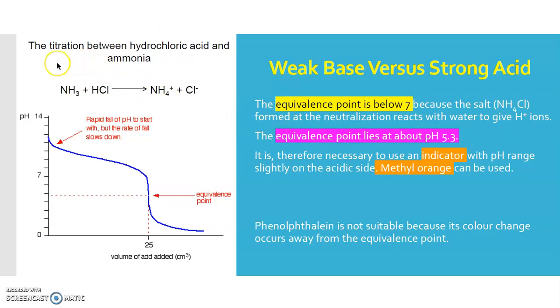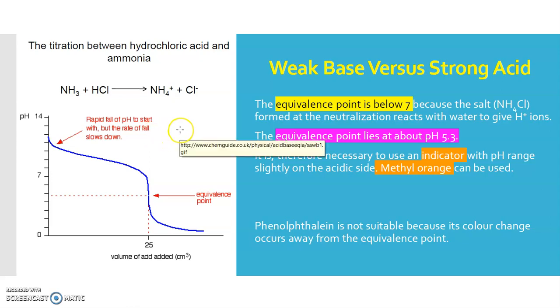Okay, the last one is the titration between hydrochloric acid and ammonia. For information, hydrochloric acid is a strong acid, ammonia NH3 is a weak base. So you will get a curve like this. The equivalence point is below 7. Equivalence point and endpoint are quite similar.